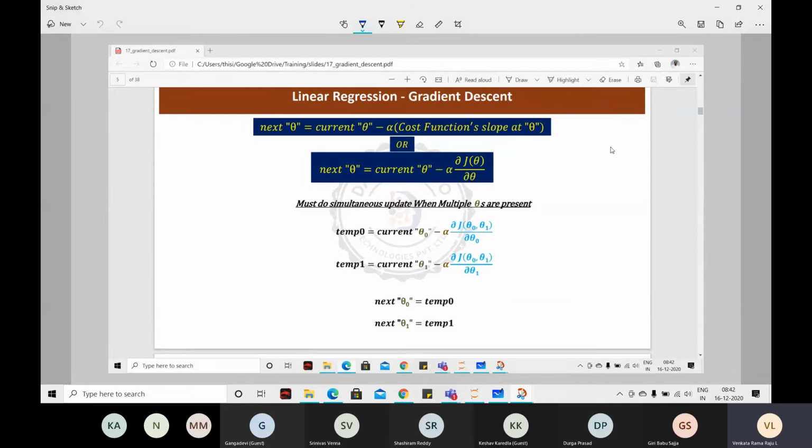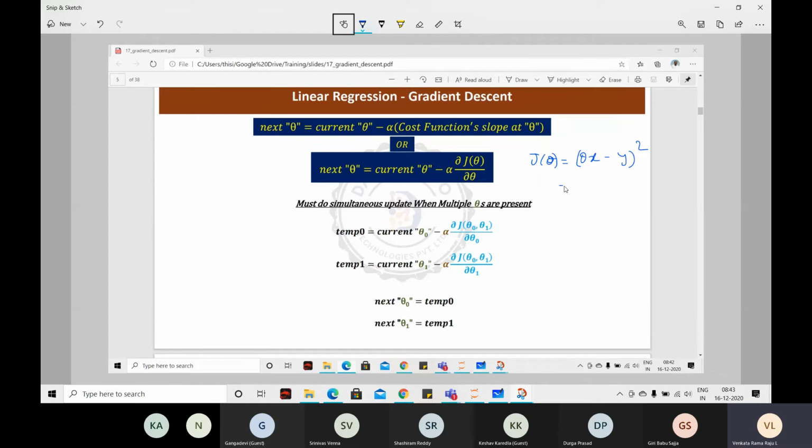Okay. Your cost function, I am taking for one row. How do you find the next theta? That's the question. So J of theta is equal to (theta x minus y) whole square.